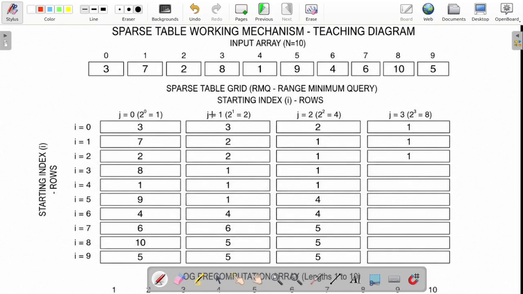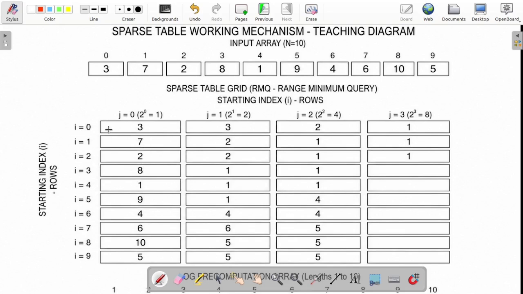Then we will construct the answer for j equals 1, that is a segment of length 2. Then for j equals 2 for a segment of length 4, and so on. The reason is also simple. The way we calculate the answer, we need smaller powers of 2 to be computed first so that we can compute the larger powers. I will tell further in the video why we compute smaller powers.